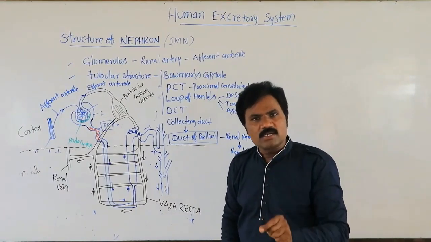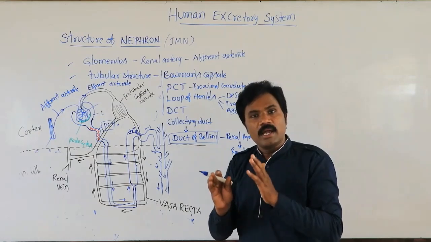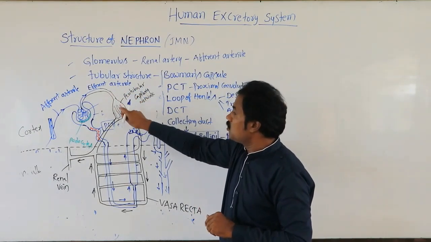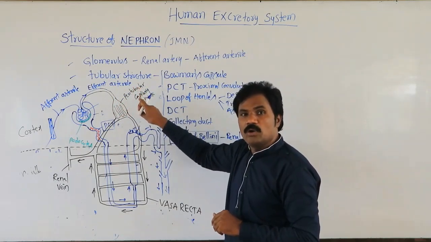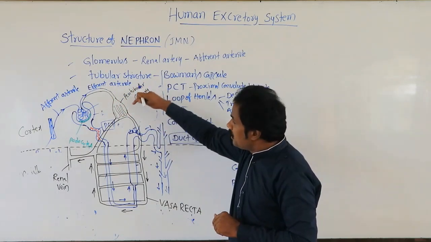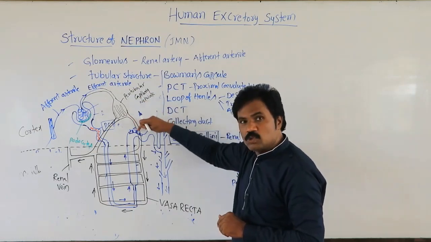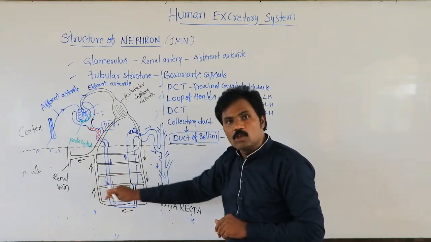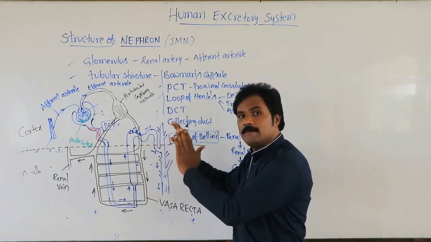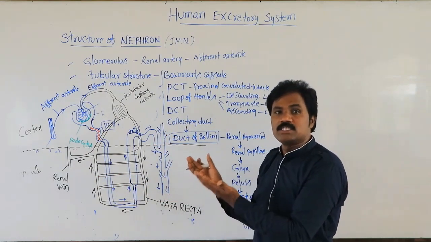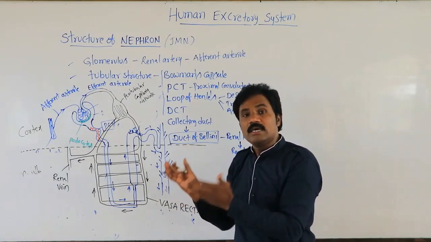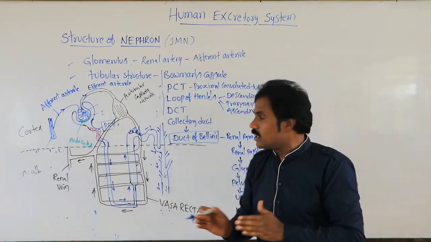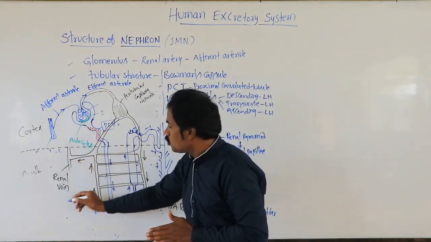What is meant by vasa recta? The efferent arteriole forms the peritubular capillary network. These peritubular capillary networks collectively cover the loop of Henle. That particular blood vessel which covers the loop of Henle, we call vasa recta. This vasa recta goes to the renal vein.